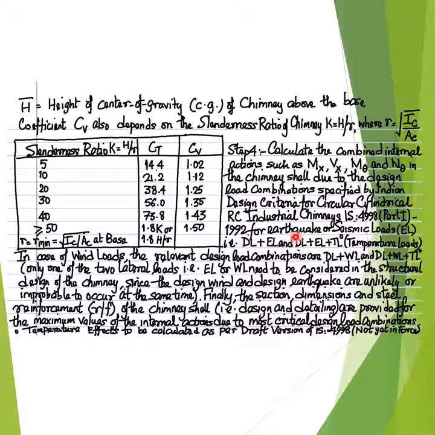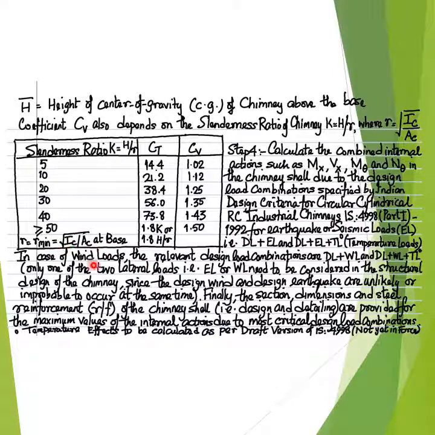In case of the design loading combination consisting of earthquake loads or seismic effects, the design loading combinations, as mentioned in one of the earlier slides, that need to be considered for the structural design of the chimney shell in case of the industrial chimney structure are the dead load and earthquake load, and dead load, earthquake load and temperature load.